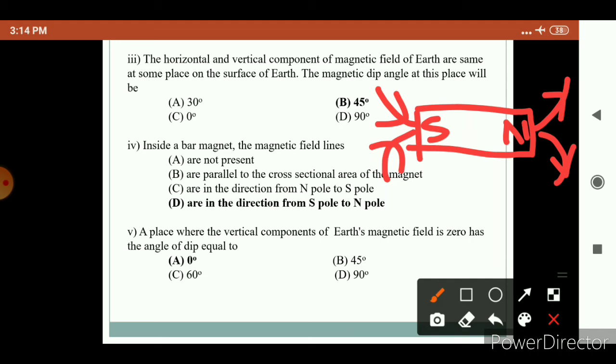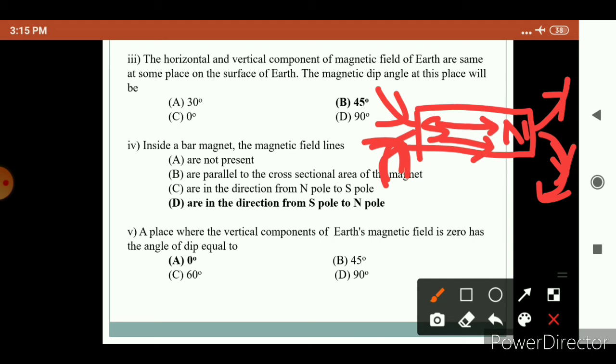So inside the magnet, the field will transfer from S to N, that is from south to north. Again it will emerge from the north and come across to the south. So inside a bar magnet, it gives the direction of magnetic field lines from the south pole to the north pole. Got it?